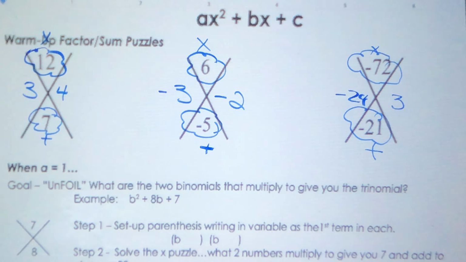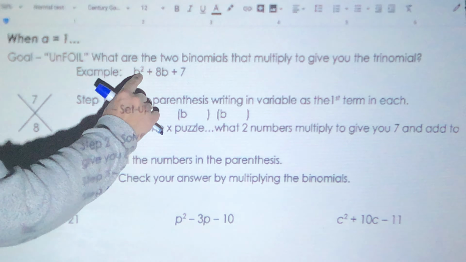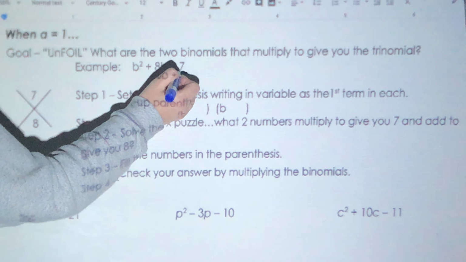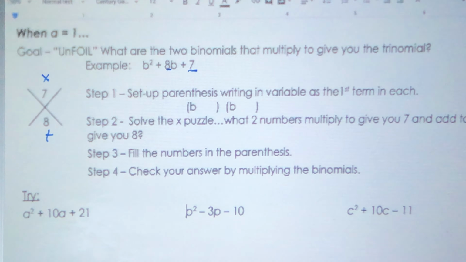So the example that we have here is b squared plus 8b plus 7. And we want to factor it into two binomials that will multiply together to give you this polynomial back. So we're going to take our c, and that's going to go on the top of the puzzle, and our 8 goes on the bottom. So now we want to think about two numbers that multiply to give you 7 and add to give you 8.